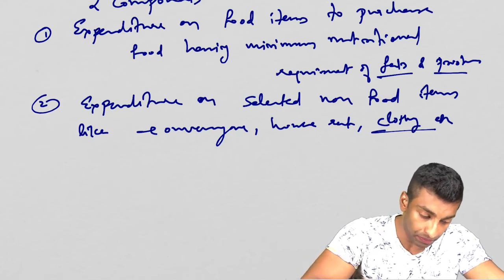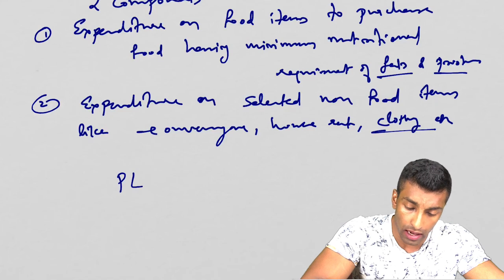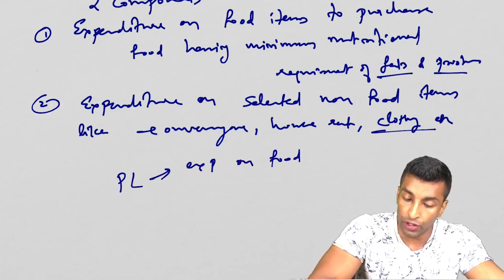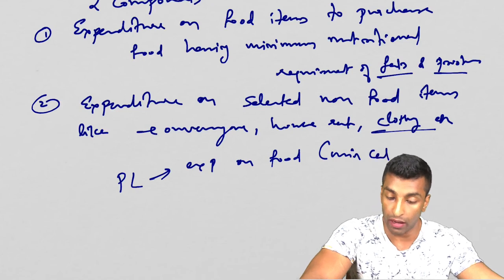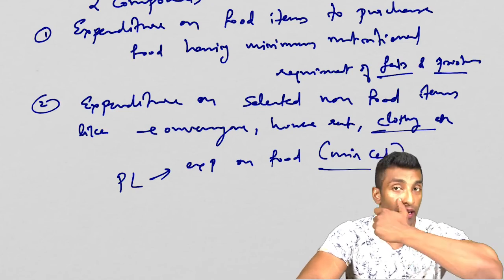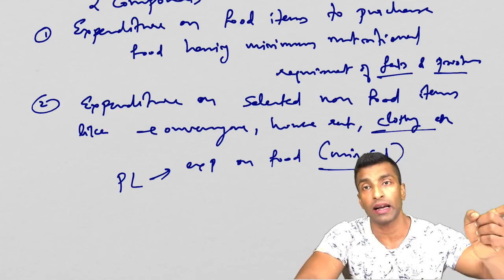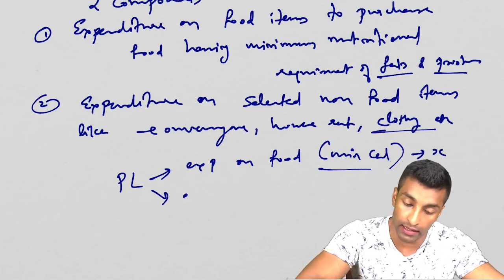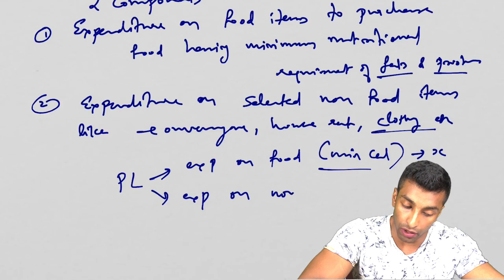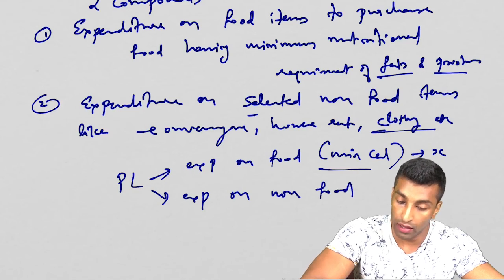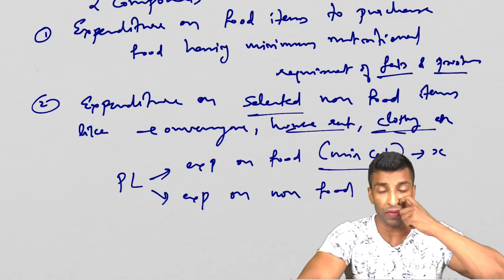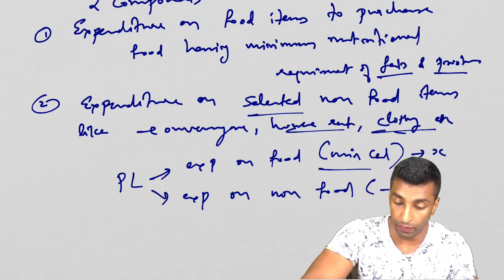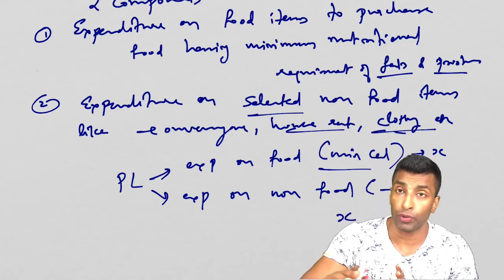So median family, and based on this, how poverty line will be taken? Poverty line expenditure on food will be calculated on the basis of minimum calorie. I'll tell you what is that minimum calorie. Who suggests minimum calorie? Again the same ICMR, Indian Council for Medical Research. Let's say this component is X, and then expenditure on non-food items, that is conveyance, house rent, etc., expenditure on median household, let's say Y. So what is your poverty line?